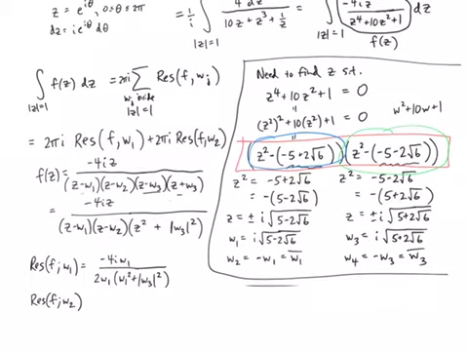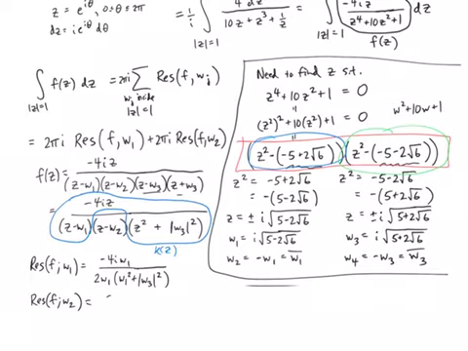So now instead of that red, we can use this part, and that's going to be our k when computing the residue at W2.